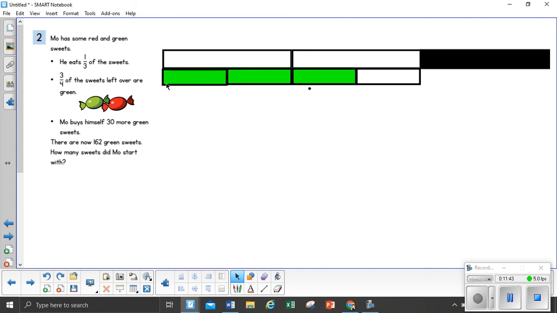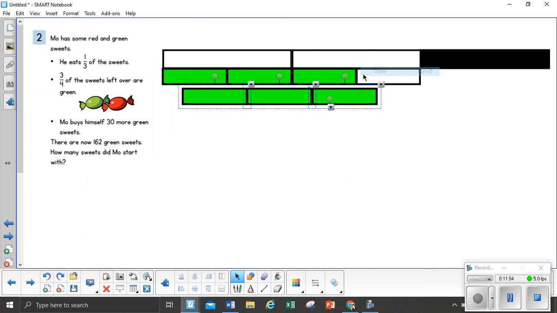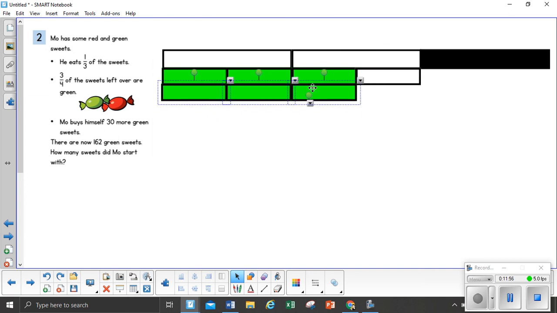So he's got these 3 sweets, and he's also got 30 more.